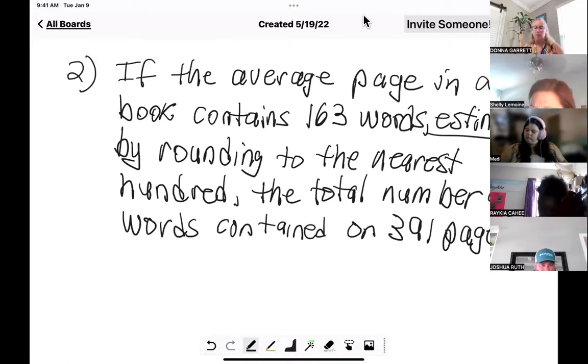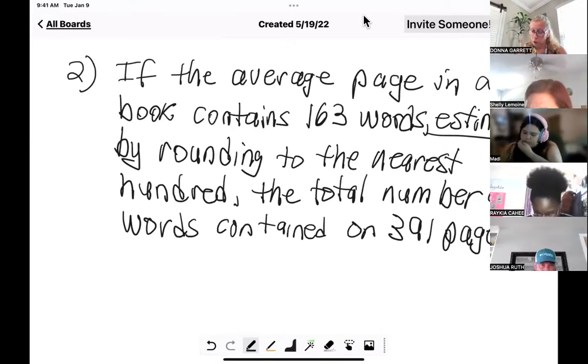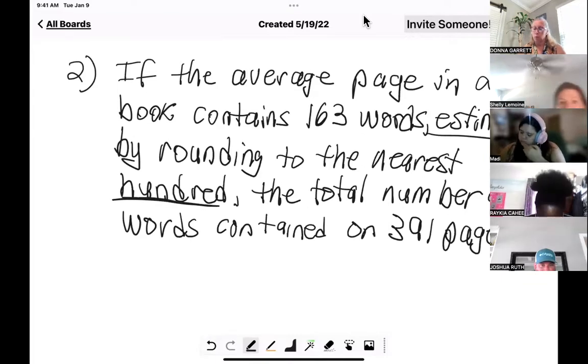Okay, I'll read it while you're finishing up. If the average page in a book contains 163 words, estimate by rounding to the nearest 100 the total number of words contained on 391 pages.